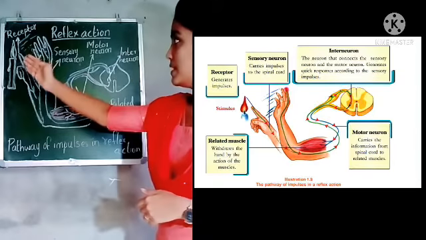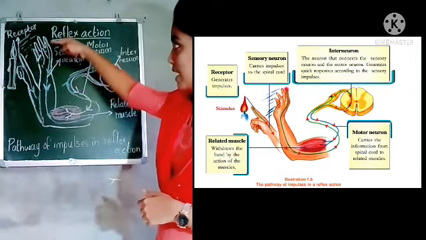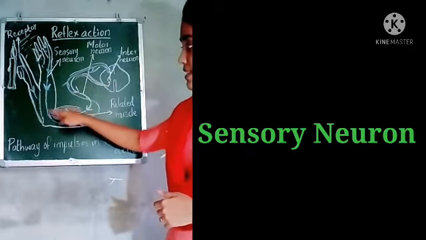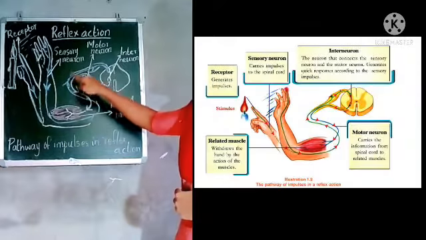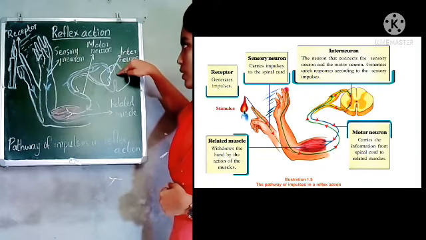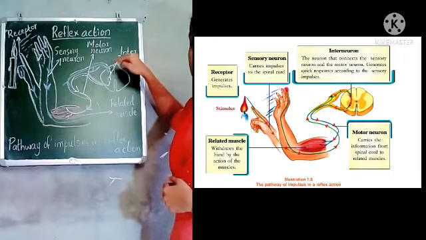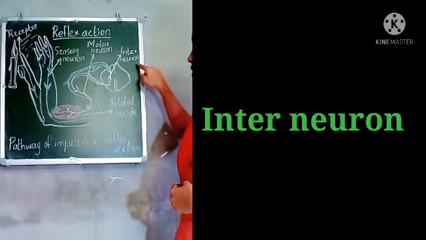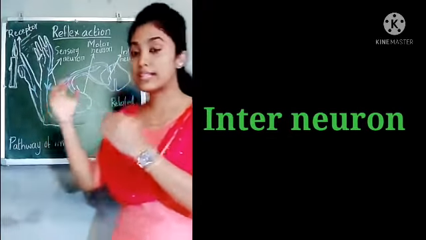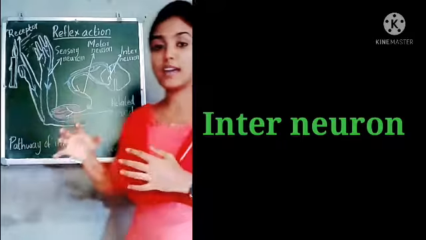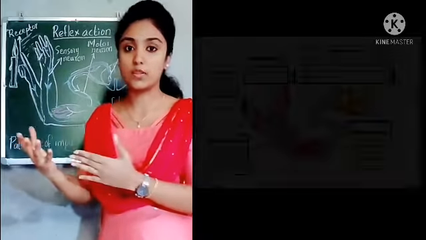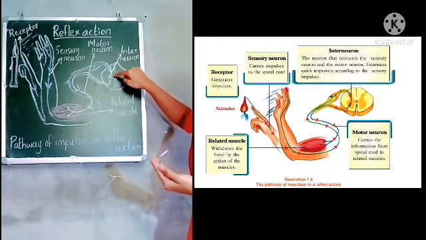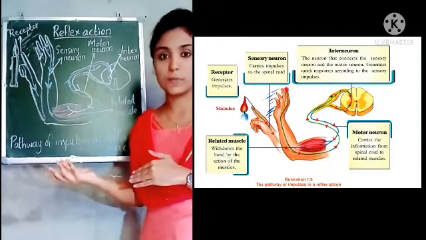Then the impulse generated by the receptor is carried by the sensory neuron. The sensory neuron carries the impulse to the spinal cord. When the sensory impulse reaches the spinal cord, here you can see an interneuron. This interneuron receives the sensory impulses and generates a sudden response.